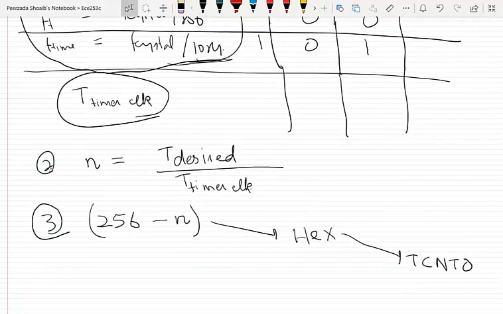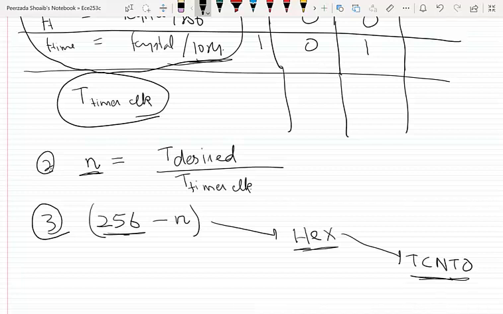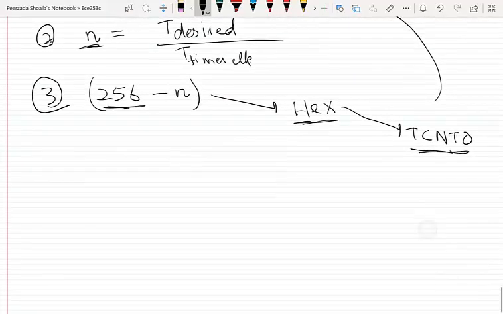We get an integer number n. In fact, we usually round off this n. If we get a decimal fraction here, we round it to the nearest integer. And in the third step, we subtract the number calculated in step 2 from 256. The value we get is converted to hex and loaded into the timer counter register to get this desired time period. Let me do an example.